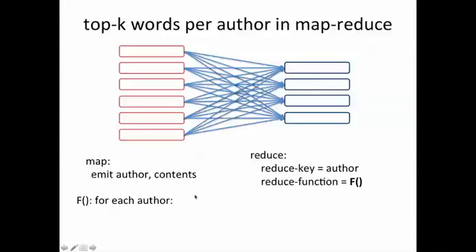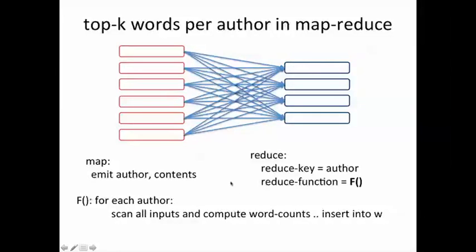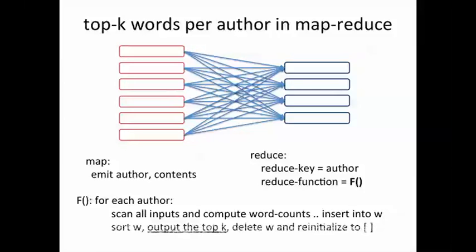For each author, this reduce function grabs all the elements in that reducer for that author, computes the word counts, inserts into some temporary array W, sorts it, figures out the top K words for that author, deletes the W, and starts again for the next author.